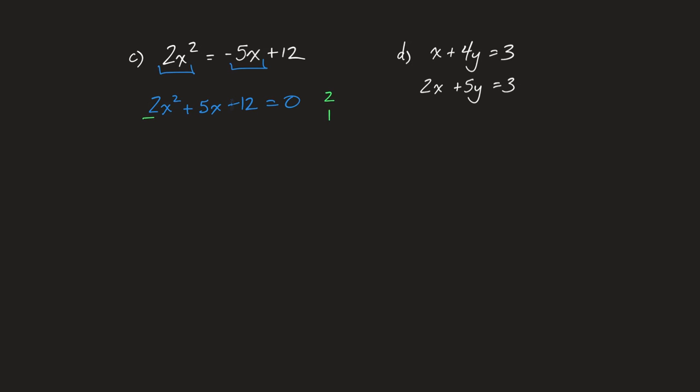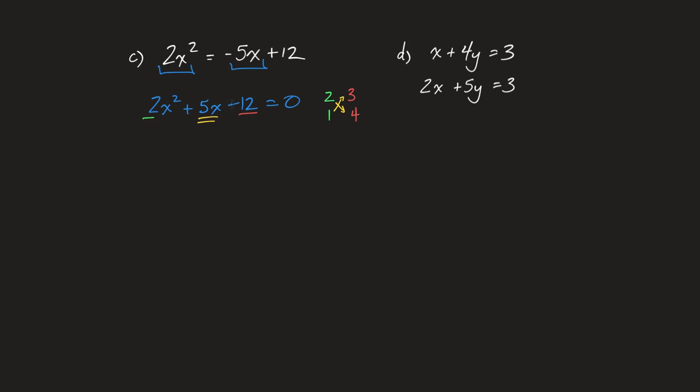So, two numbers that multiply to give 2 would be 2 and 1. Now I'm jumping down. Two numbers that multiply to give 12. Well, I got 4 and 3. Well, if I do this and I go 4 and 3, then when I multiply across, there's an 8 and a 3. That can get me my 5.